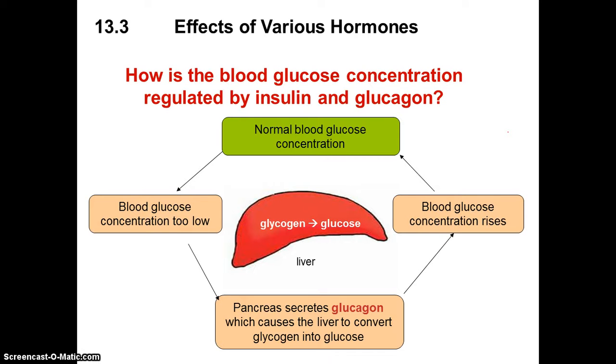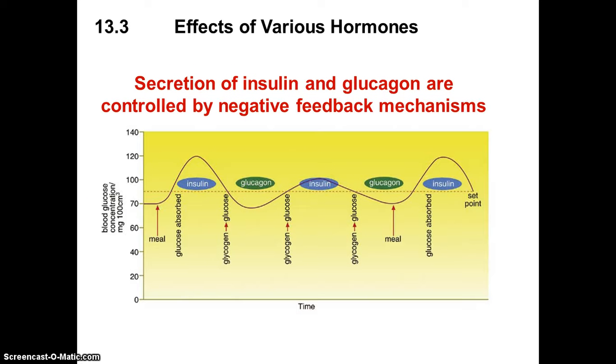The pancreas in this case will secrete glucagon, which causes the liver to convert glycogen into glucose. More glycogen converted into glucose causes an increase in the blood glucose concentrations, and hence the blood glucose concentrations go back to normal. These two hormones are controlled by negative feedback mechanisms that help to maintain the blood glucose concentrations at a normal level.